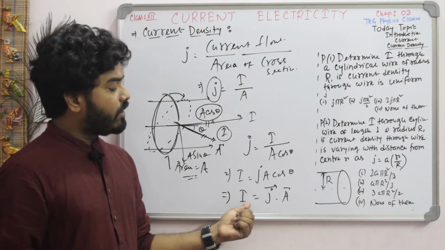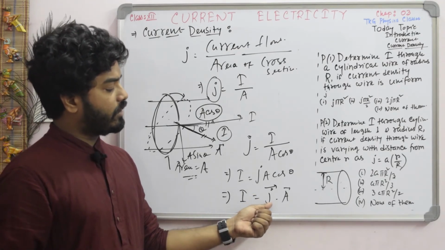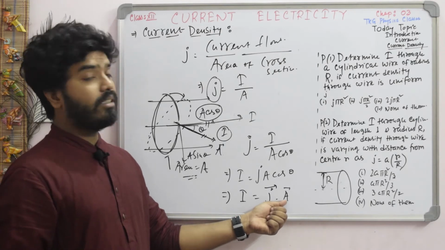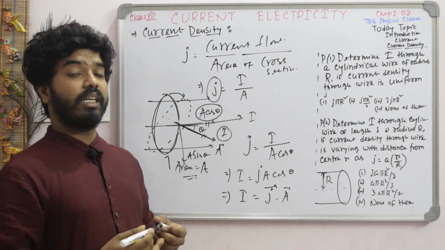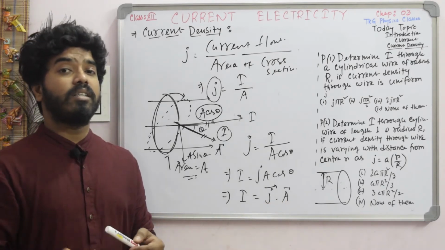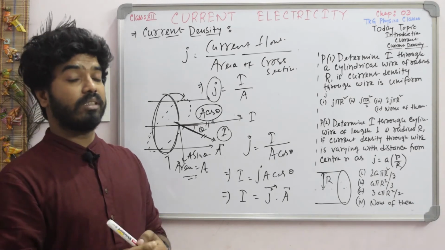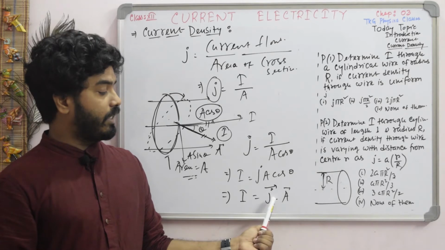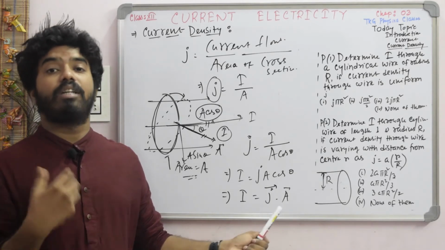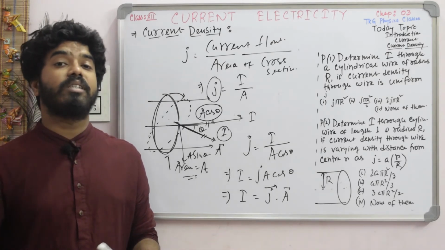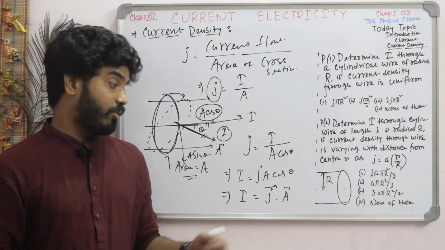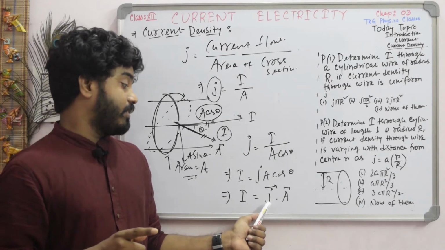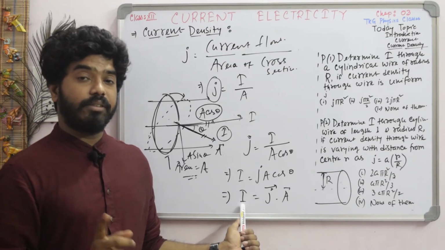So, I is the dot product of current density and area vector. I just say current is a scalar quantity, or you may call it a tensor. Why? The dot product of two vectors, J vector and A vector, always gives a scalar quantity. So, in that condition we can say current is a scalar quantity, right.